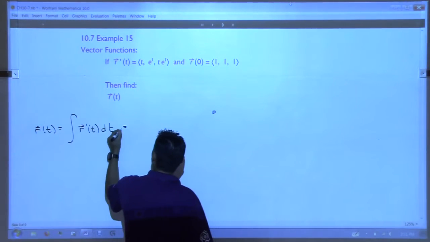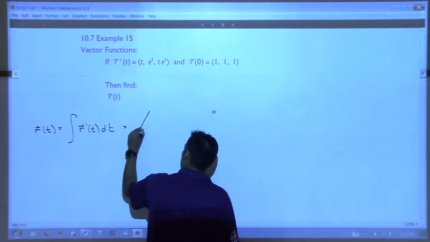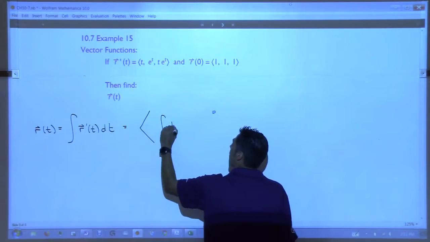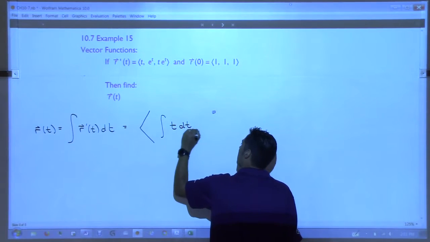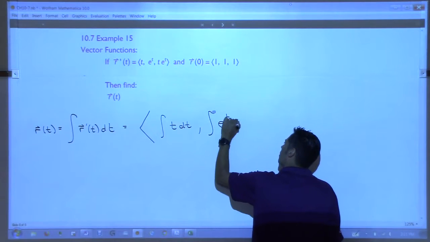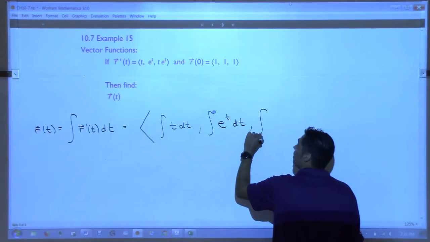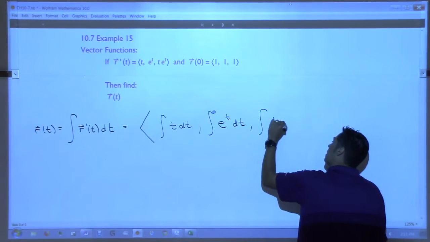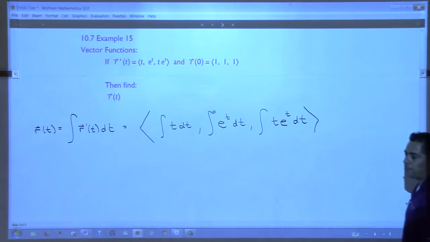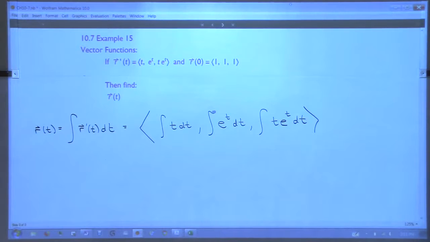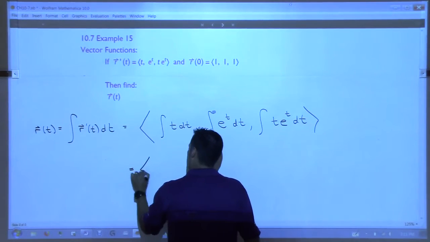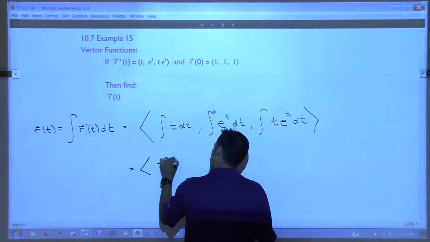So this is going to be the vector, which is the antiderivative of the first component function, t, with respect to t, then the antiderivative of e to the t with respect to t, and then the antiderivative of t e to the t with respect to t, right? So what would be the antiderivative of t here? 1/2 t squared, right?